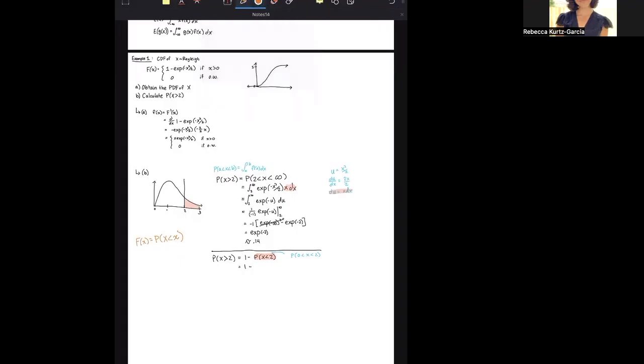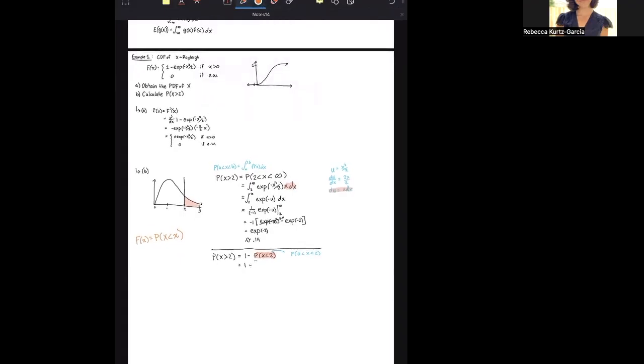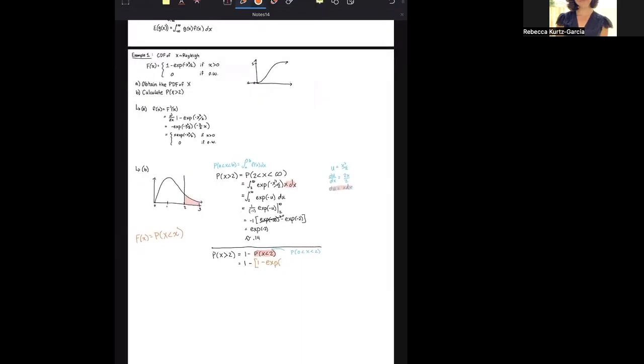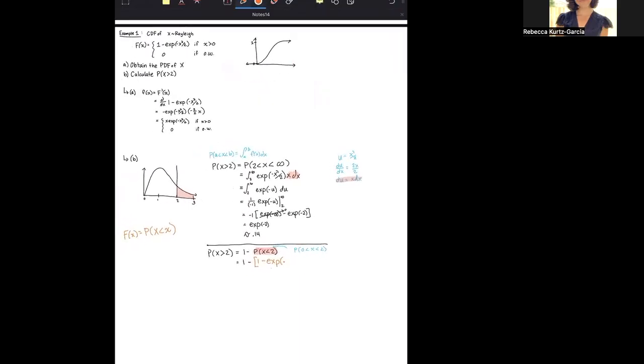So I'll write it in orange. 1 minus e to the power of, and instead of x, I'm going to substitute 2, because that's the boundary I'm trying to evaluate the CDF up to. So this is negative 2 squared over 2.